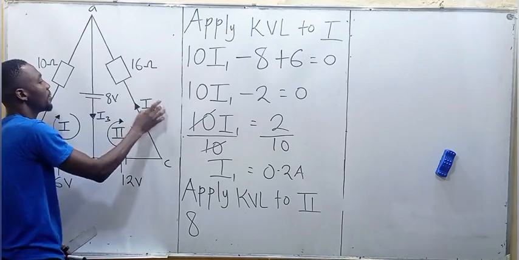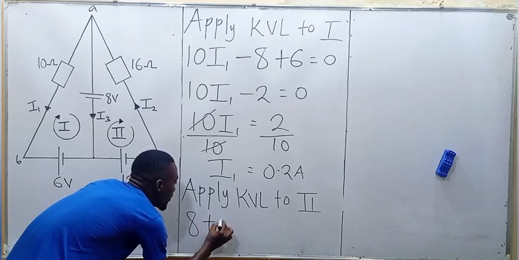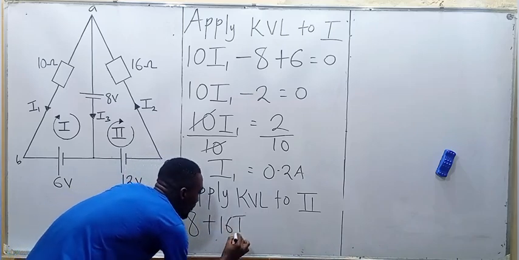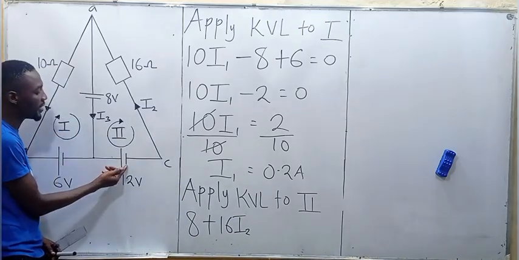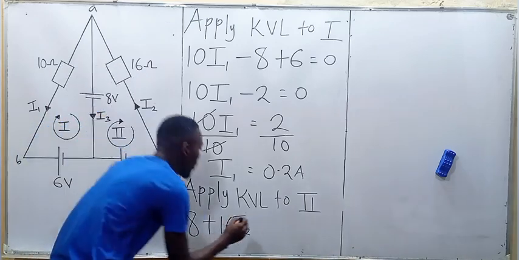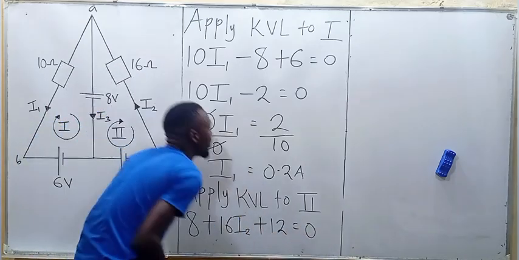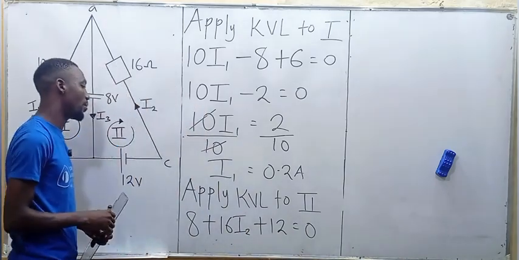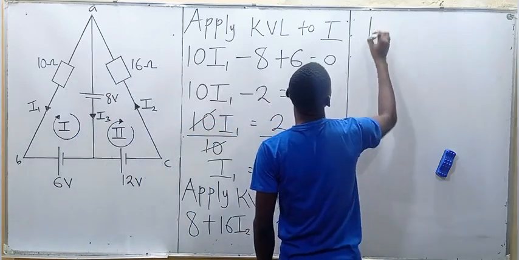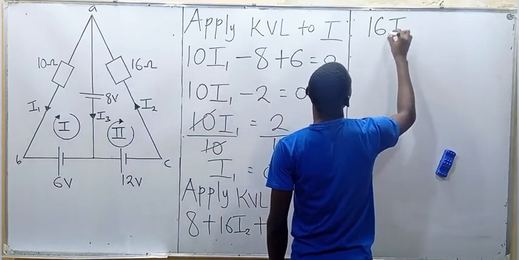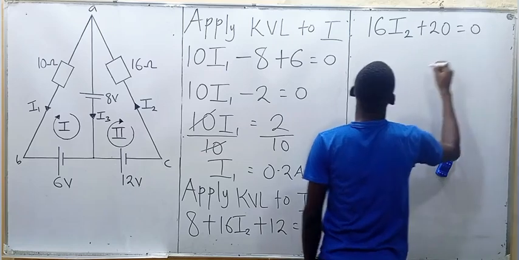So 16 multiplied by I2 is 16 I2, so we have plus 16 I2. Then we are moving from negative to positive, so plus 12, and everything equals 0. 8 plus 12 is 20, so 16 I2 plus 20 equals 0.